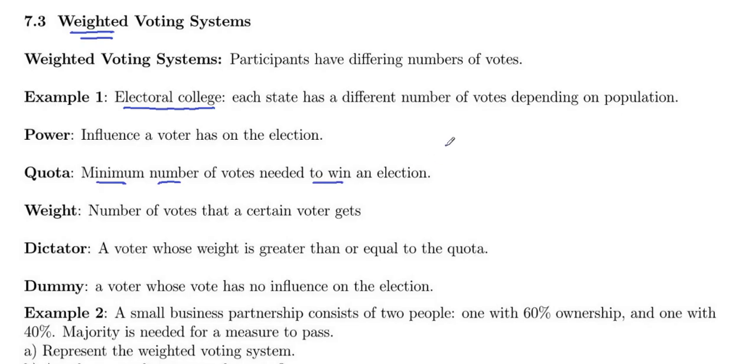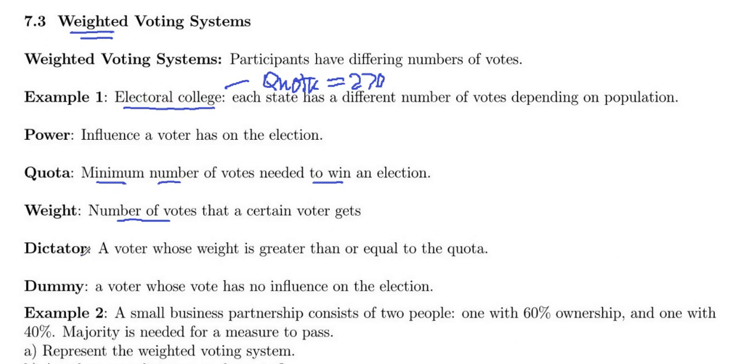So in the Electoral College, you need 270 to win. Our quota is 270. And you've probably seen that on election night, 270 to win. Each candidate is trying to get their 270 votes. The weight is just the number of votes that a voter gets. So anywhere from 3 up into the 50s for the Electoral College.